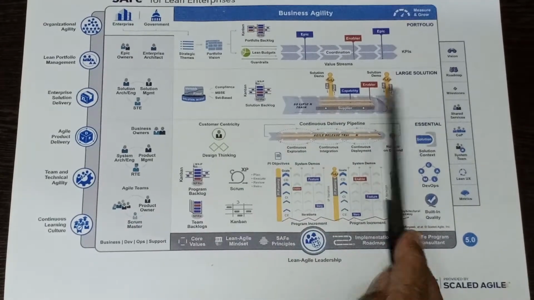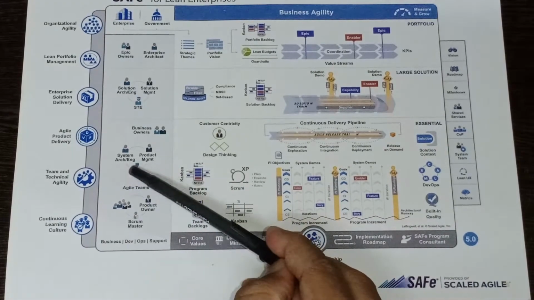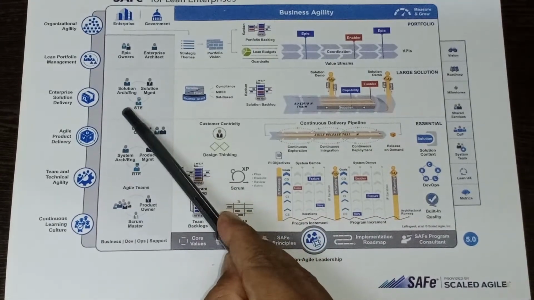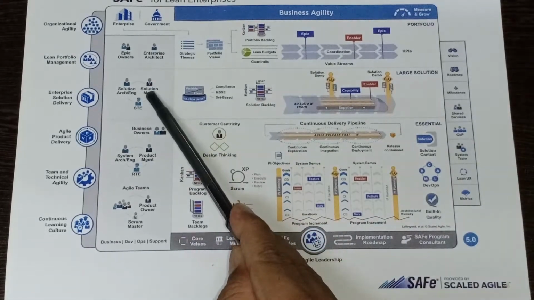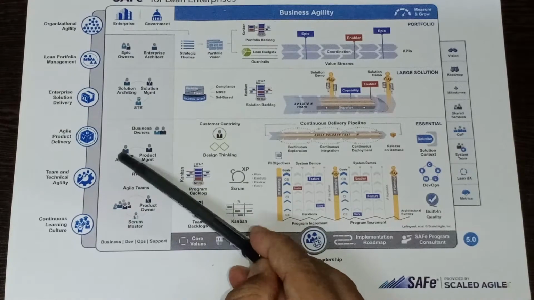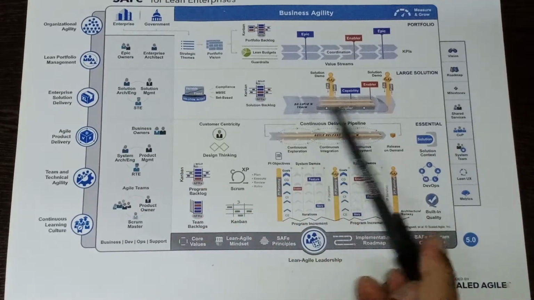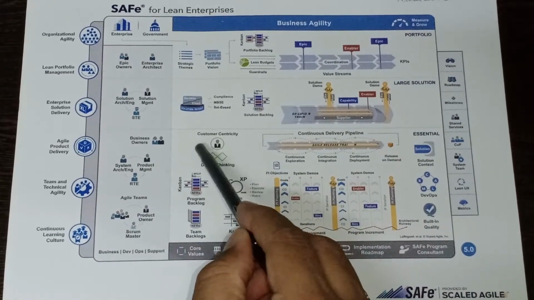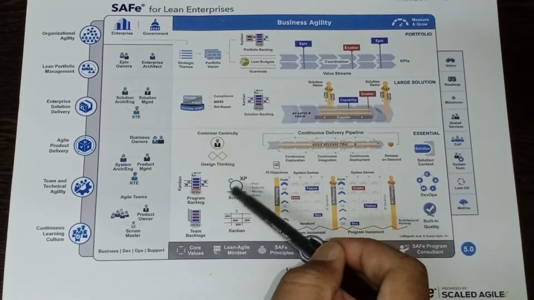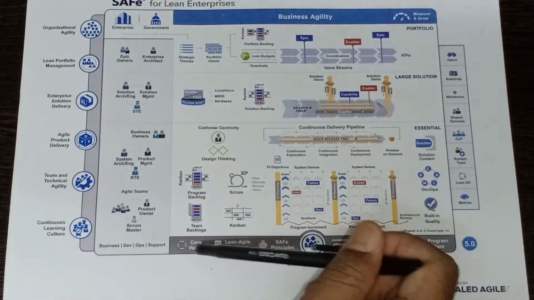And when you go to large solution, the release train engineer role is played by what we call the solution train engineer, product management is played by solution management, and system architecture is played by solution architecture or engineer.